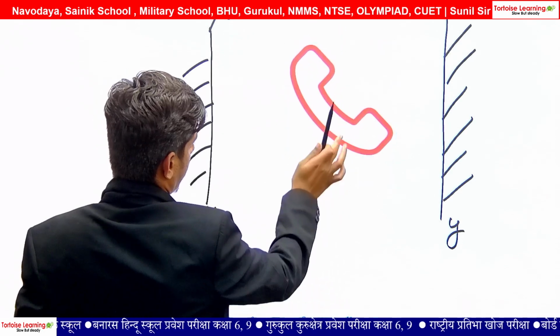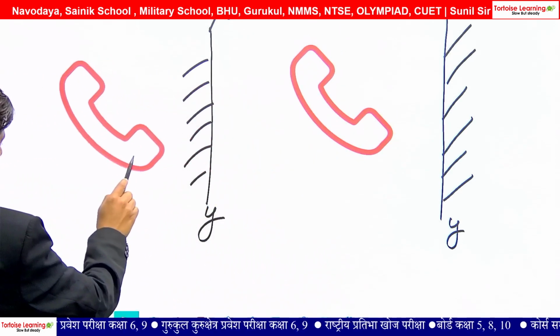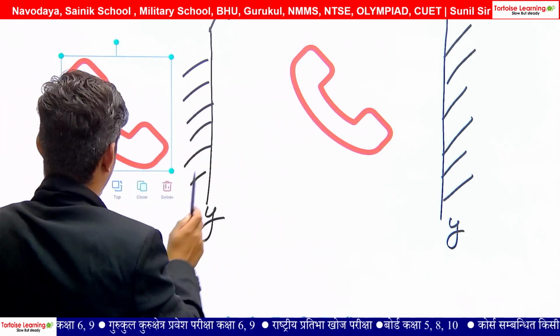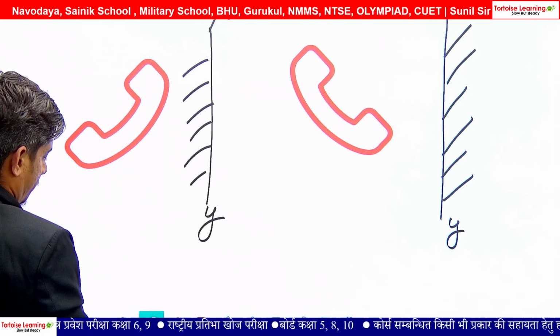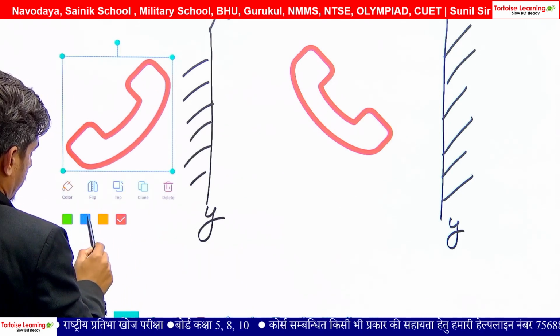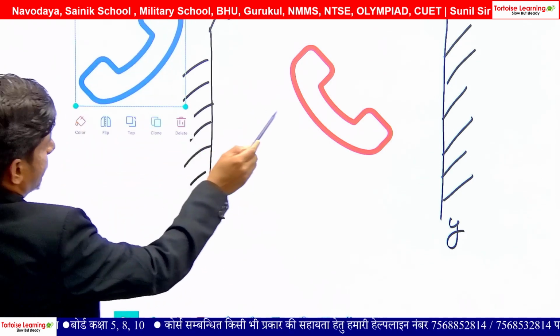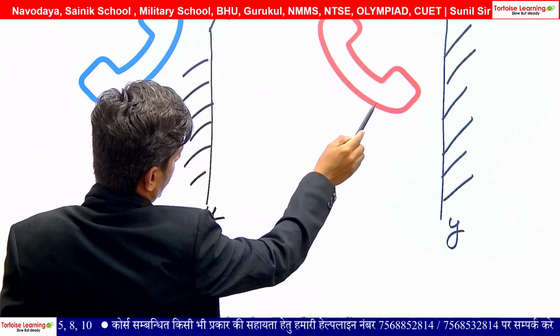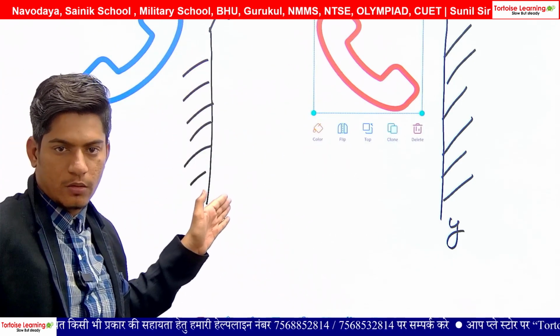If I want to make the mirror image of this one, this is your original position, and when we flip this one, this will become this. So this is the case when the mirror is put vertical.